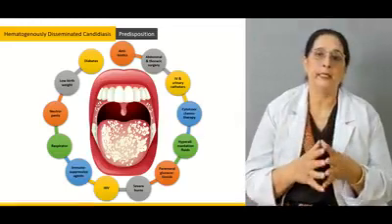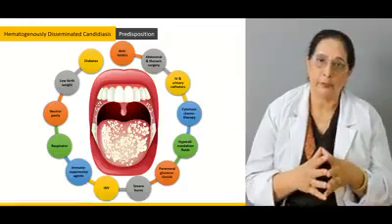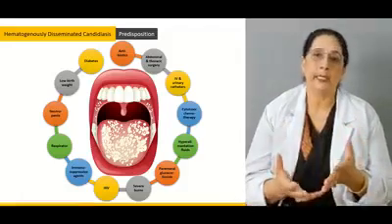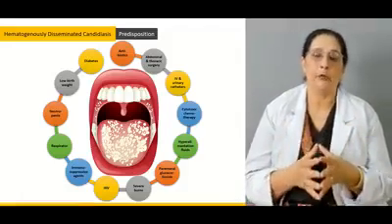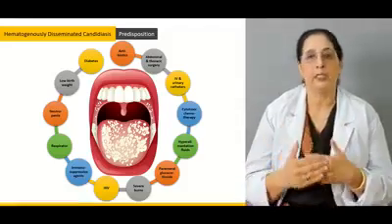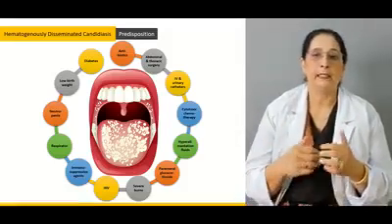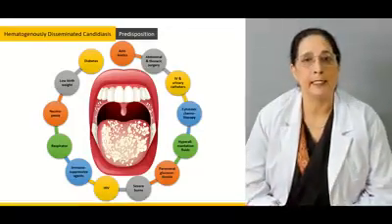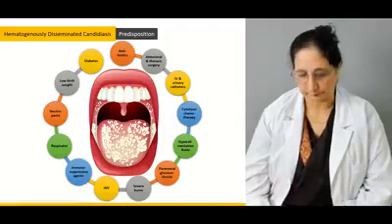Because Candida is the normal flora of the body, it is present in the body without causing any harm or damage to the body, but once the immune system becomes weak, then the infection occurs, and this is known as candidiasis.